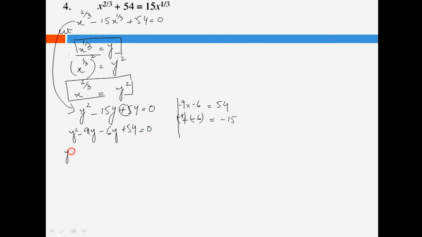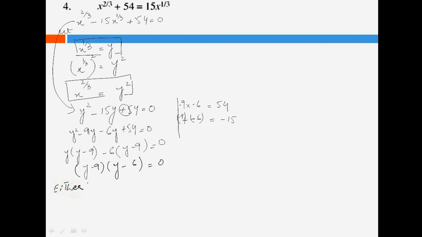So let's take y as common, y minus 9, minus 6 as common, y minus 9. Now y minus 9 is taken as common and the remaining will be y minus 6. Now apply either-or condition. Either y minus 9 is equal to 0 or y minus 6 is equal to 0.